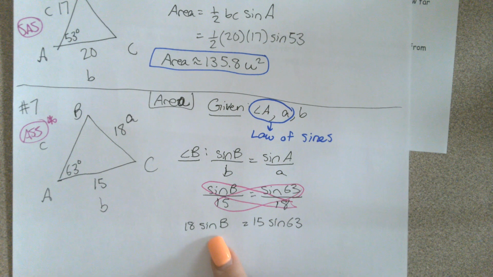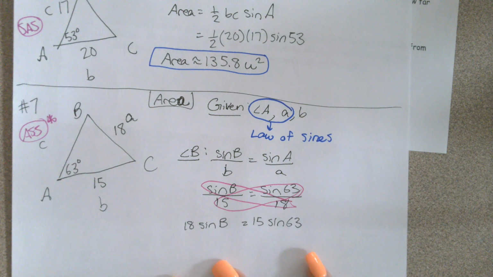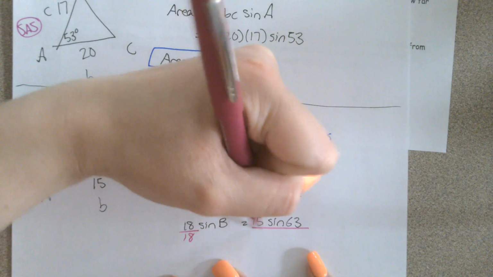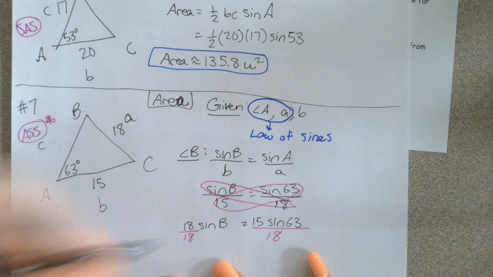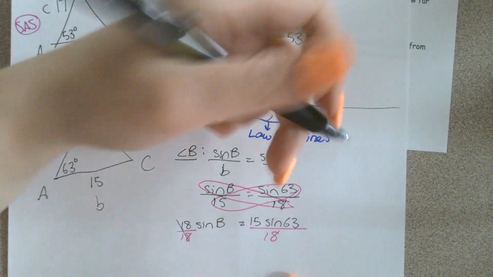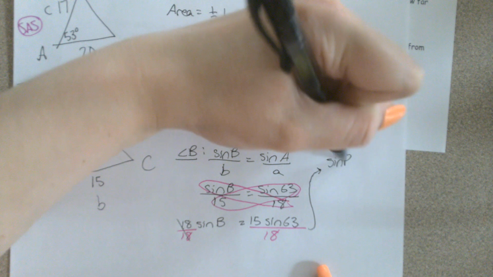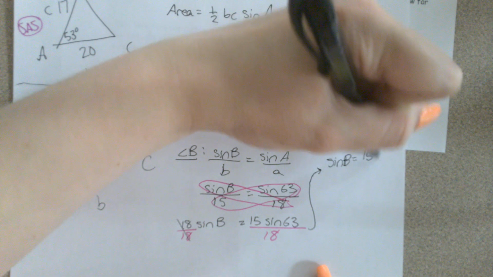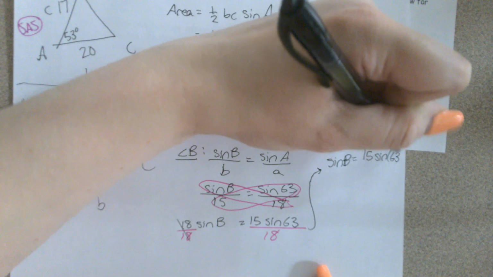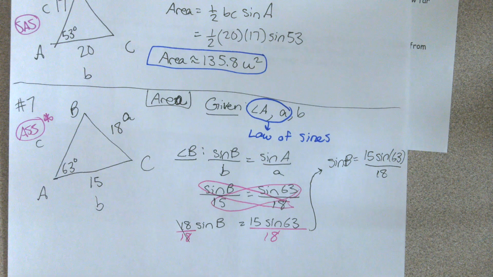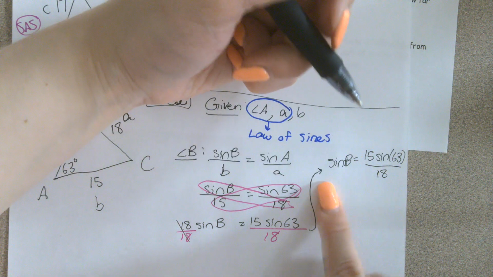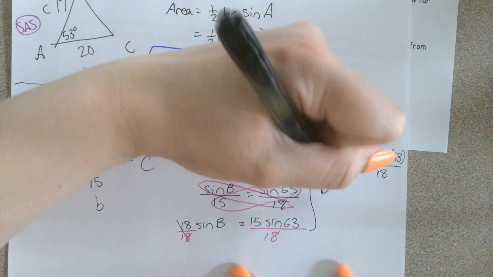And our goal is to solve for sine of B here, so we will divide off that 18 on both sides. These cancel. Sine of B equals 15 sine of 63 all over 18. Last step, we take the inverse sine of both sides.